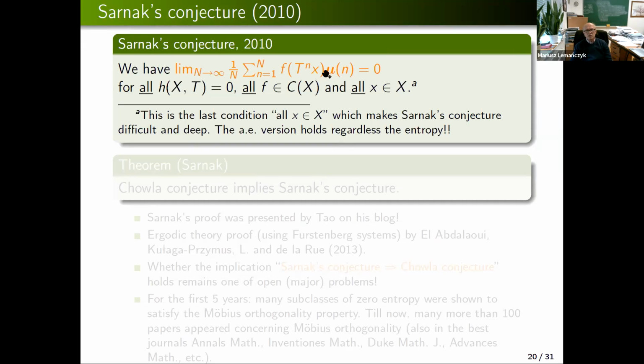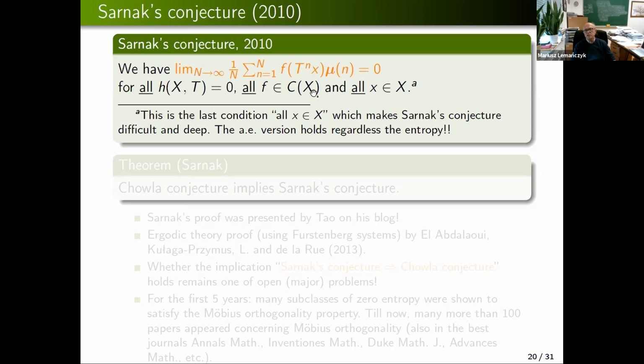He says, okay, this function, this mu n, we think that this function is as random as possible. On the other hand, if it is the case, it cannot correlate with something which is not random, right? If I take an observable in a system which has 0 entropy, which is deterministic, I cannot see any correlation between them because I believe that mu is very chaotic. That's something which is behind his idea.